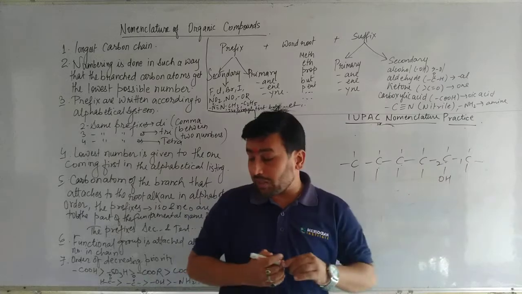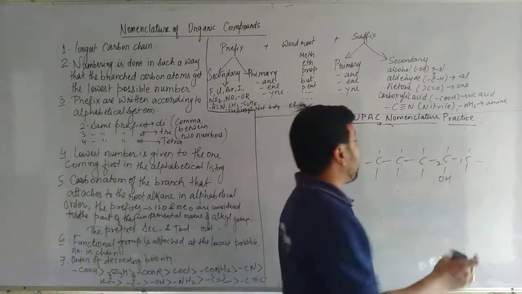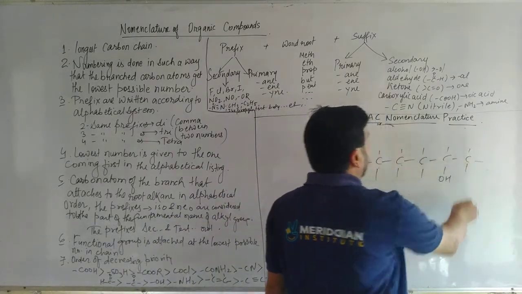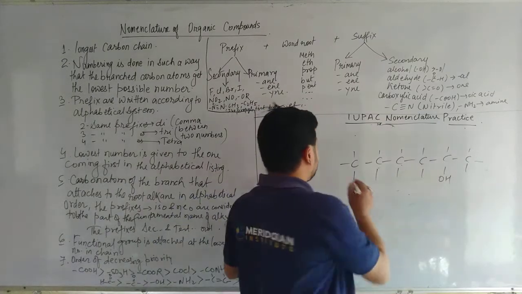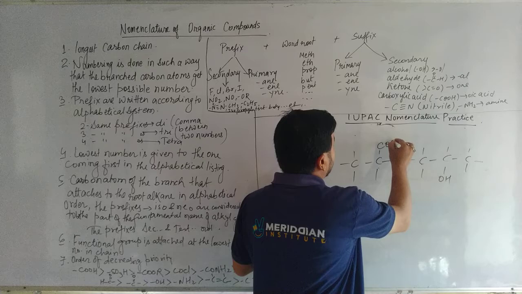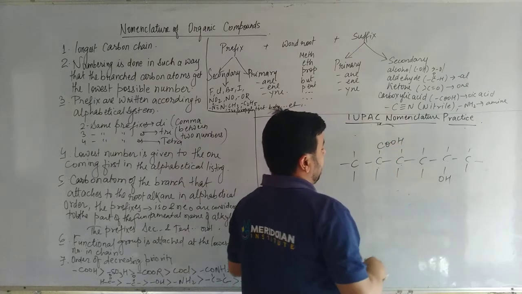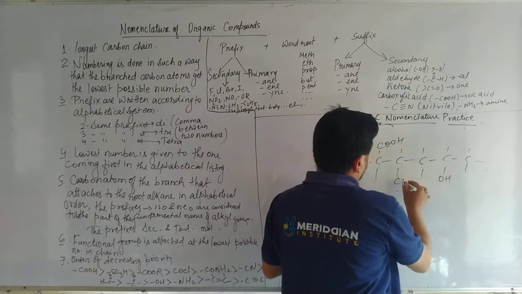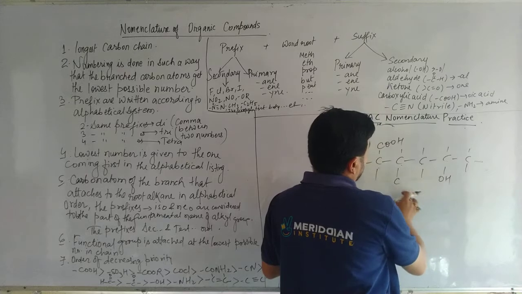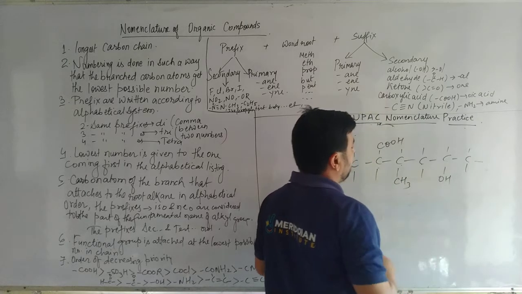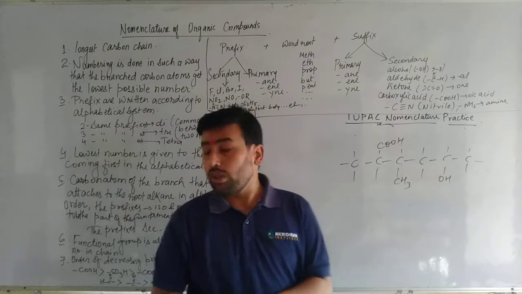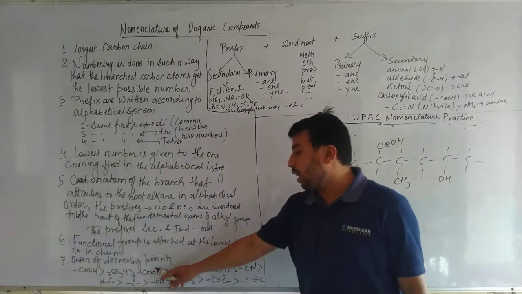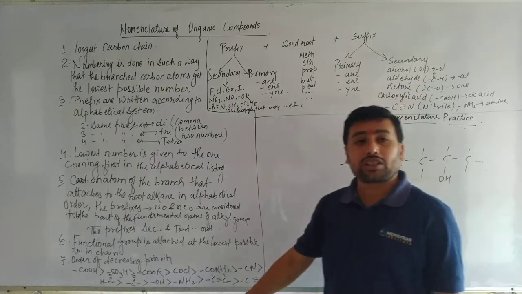Okay. Now some functional groups priority. If there are more than 2, 3 or 4 functional group attached with this chain, then from which side you will count. Just suppose here I have given here COOH. I have given here CH3. Okay. Now you have to understand that from which side you should count. So dear students, I have given the order of decreasing priority of the functional group.